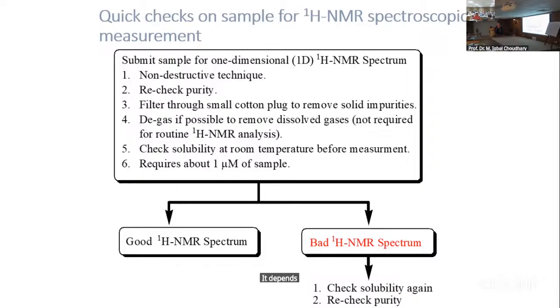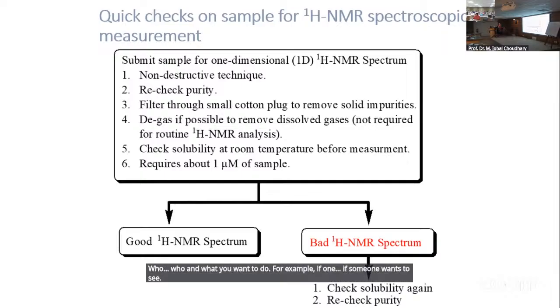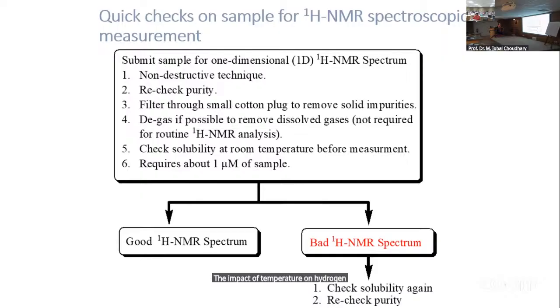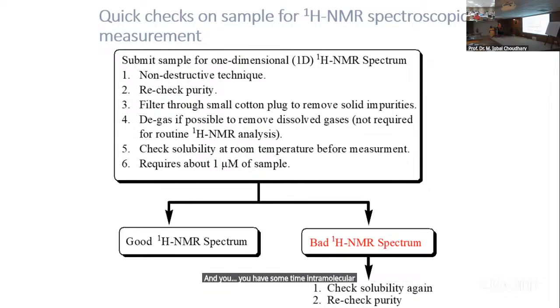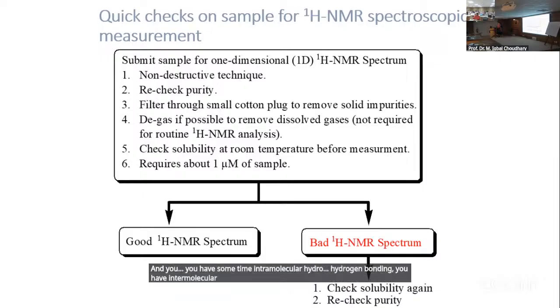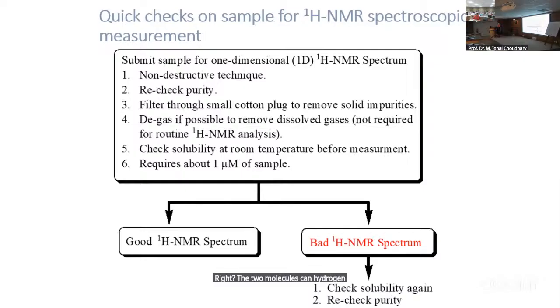It depends on which sample and what you want to do. For example, if someone wants to see the impact of temperature on hydrogen bonding, just an example for a small molecule, you can have intramolecular hydrogen bonding or intermolecular hydrogen bonding, where two molecules hydrogen bond with each other, or hydrogen bonding within the molecule.